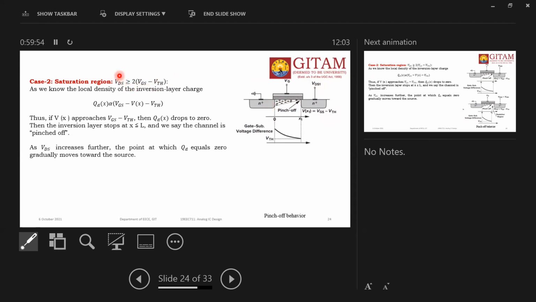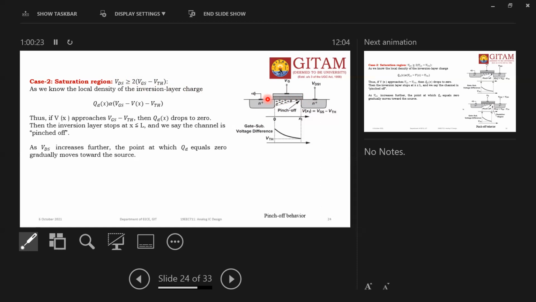If VDS increases, this condition becomes stronger, which means the pinch off point is going to shift towards the source. What is the meaning of pinch off? From there onwards, no channel. No charges means no channel. The point at which the inversion layer charge in the channel becomes 0 is called the pinch off point.